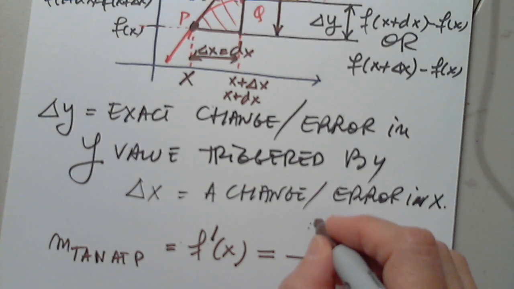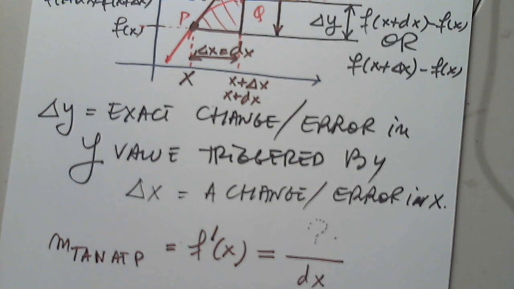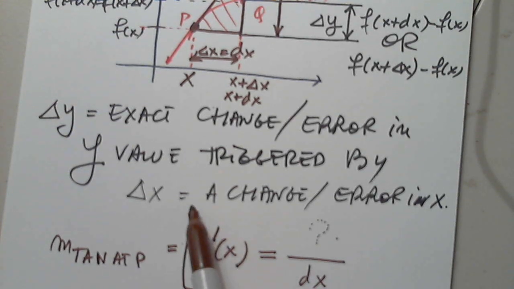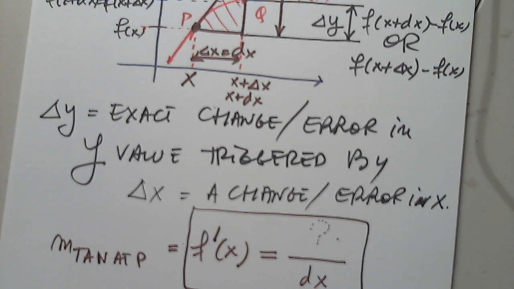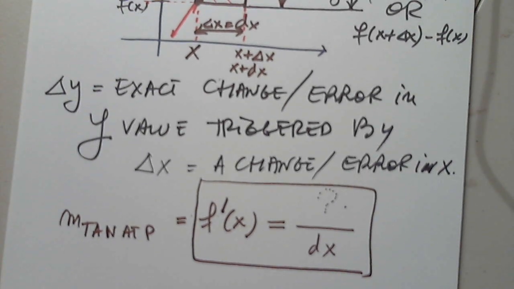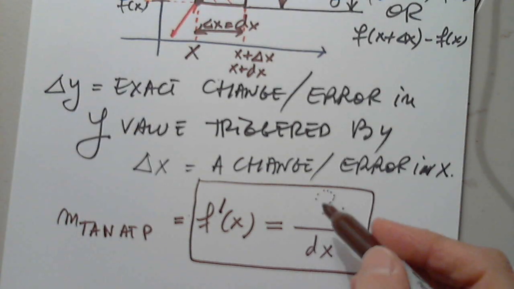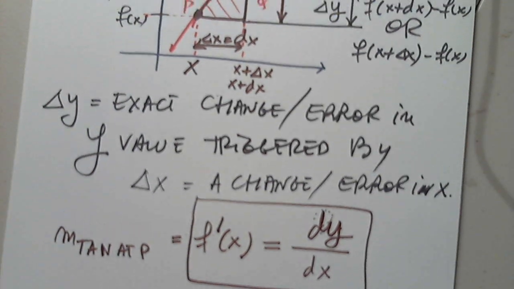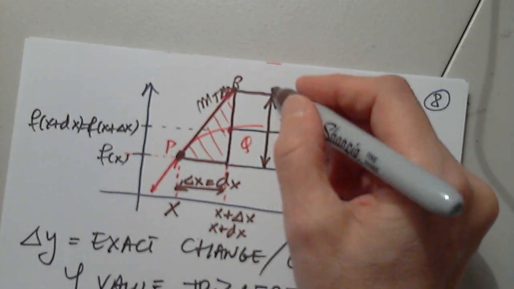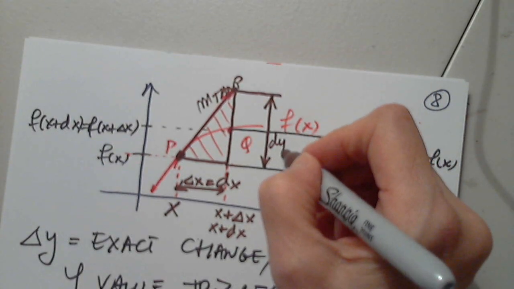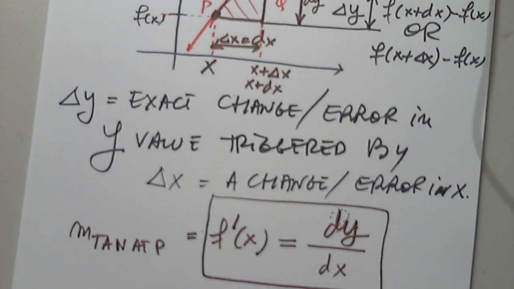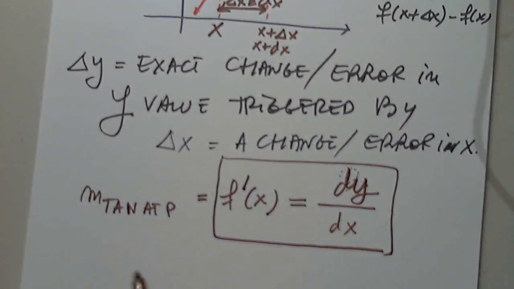What am I missing here from what we've studied so far in this class? What could it be? That'd be dy maybe? So this piece is dy. This is the last thing we need to identify.